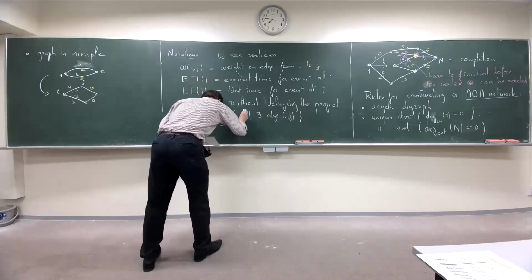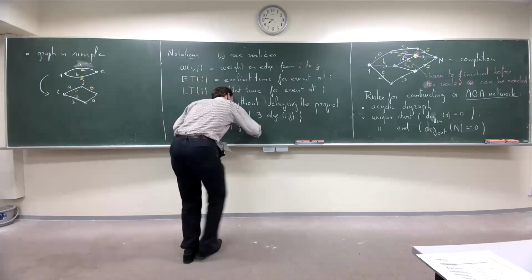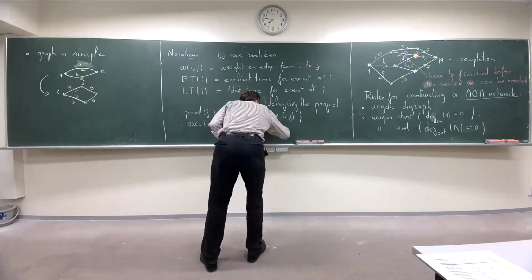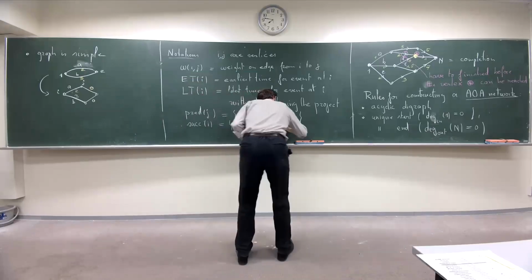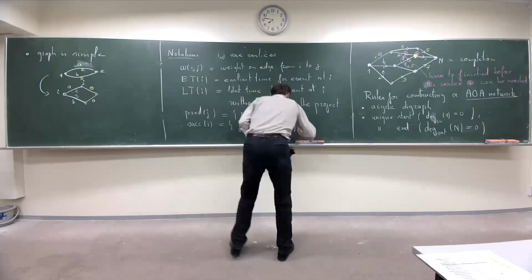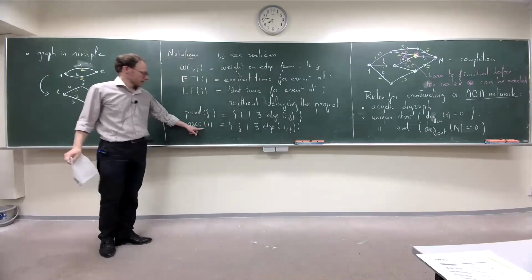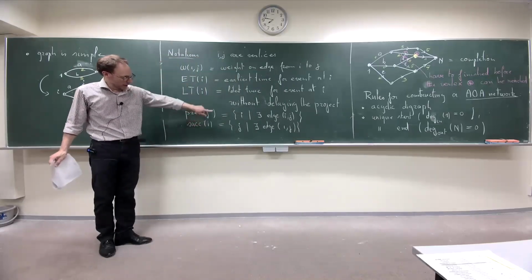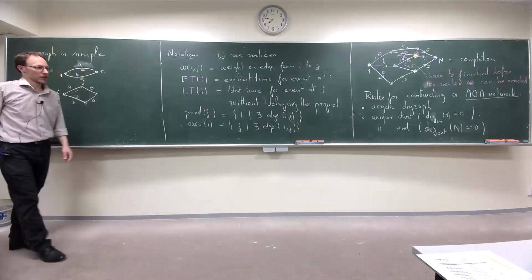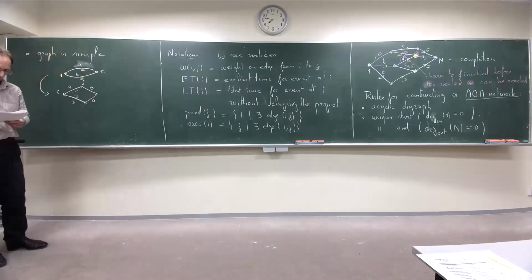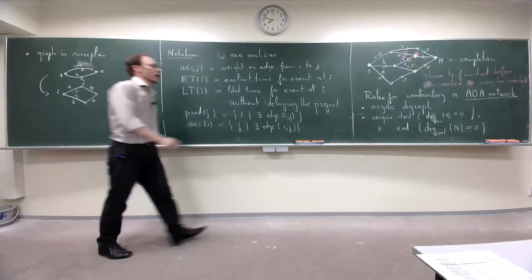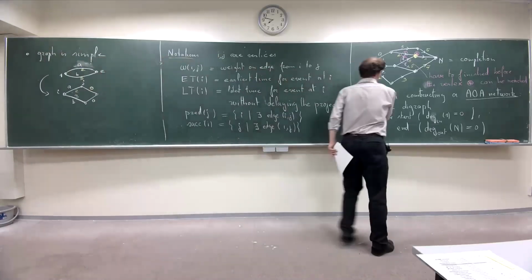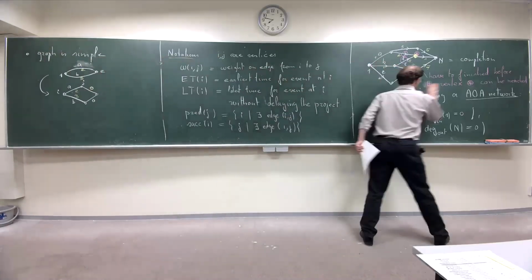This is the set of J such that there exists an edge from I to J. Be careful, I changed on purpose. Here I define it for I, here I define it for J, but the definition is symmetric. Okay, and we have just one more convention. This is clear.